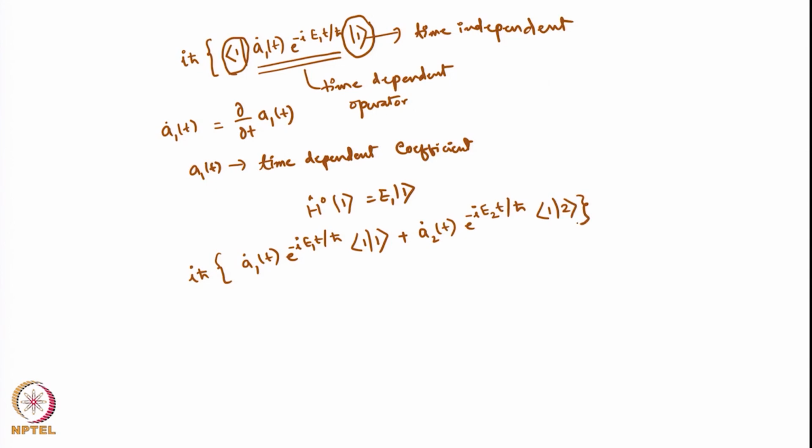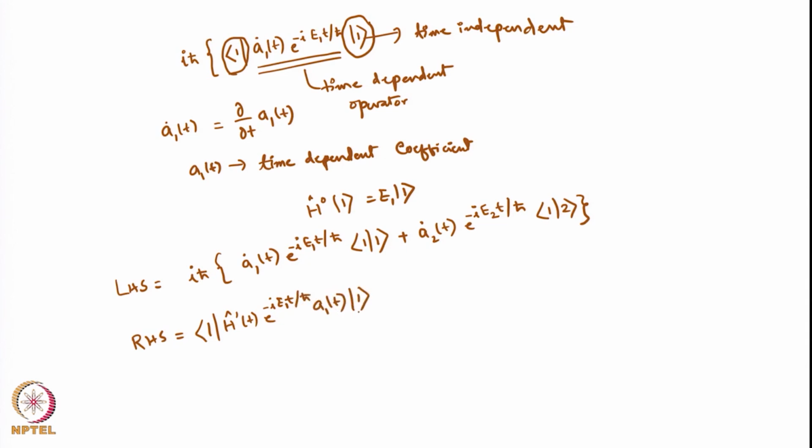Now let us look at the right hand side. I will separate them and then equate later. So RHS, what did you have in the RHS? You had ⟨ψ1|H prime of t e to the power of minus iE1t by ħ A1 of t|ψ1⟩. That is one of the terms.